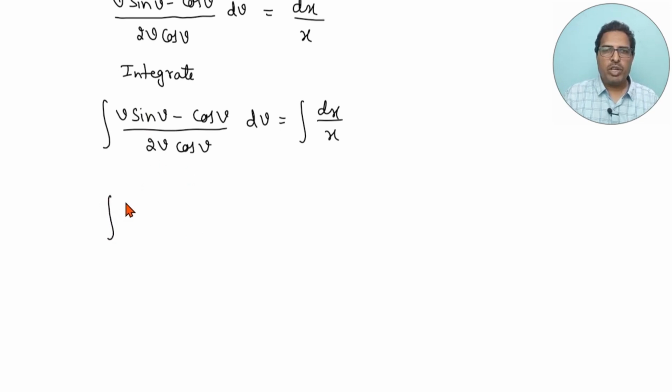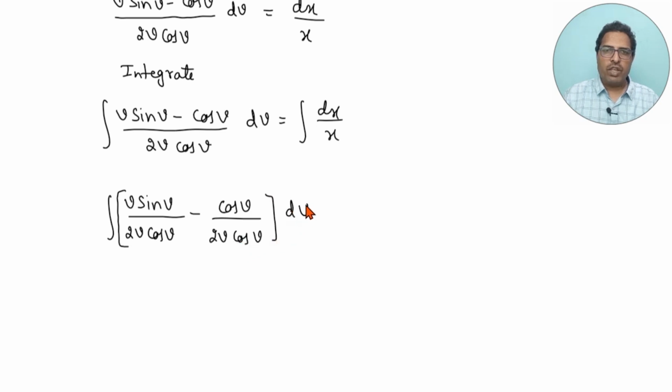If I try to split, we have v sine of v divided by 2v cos of v, then minus of, again we have cos of v and then divide that by 2v cos of v times dv is equals to, integral of dx by x will be nothing but log of mod x plus the constant of integration c.